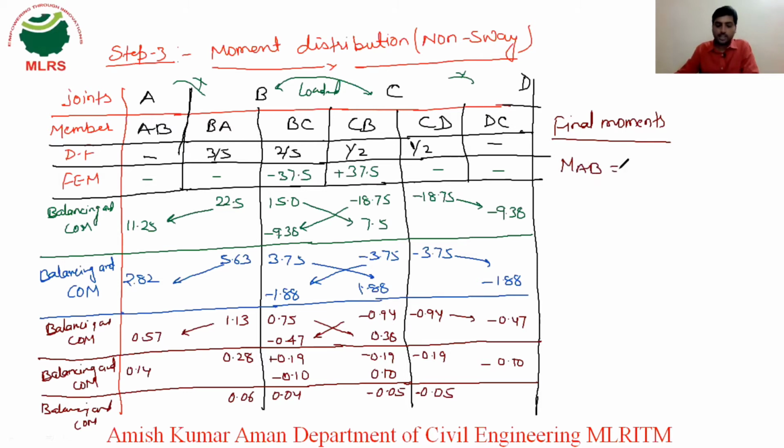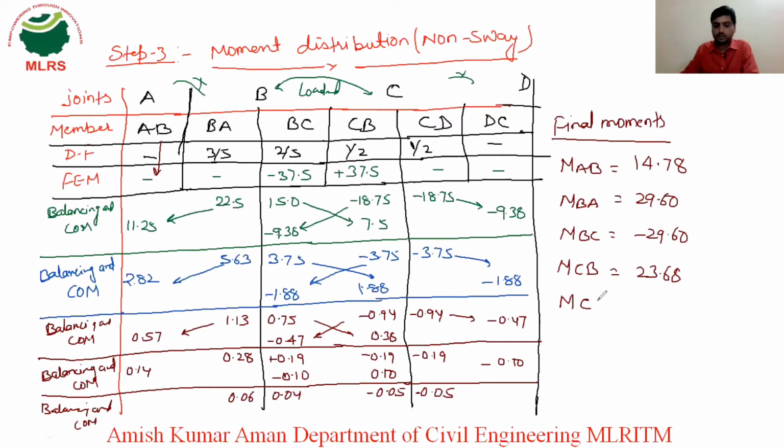MAB will be 14.78. MBA, MAB means this one, MBA means this one, MBA 29.60, MBC minus 29.60, MCB 23.68, MCD minus 23.68, and lastly MDC, that is equal to minus 11.83.